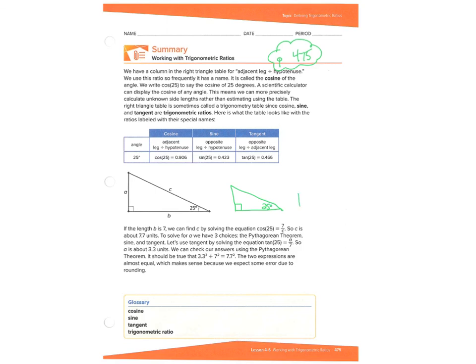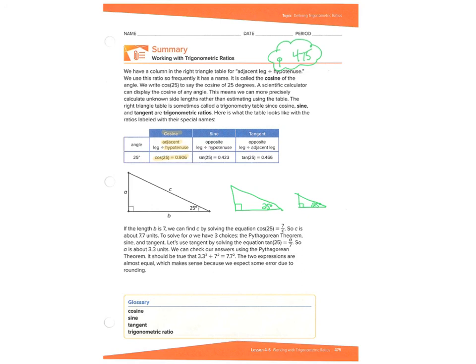And then I had an even tinier right triangle, really tiny, but this was still a 25-degree angle. The sine, cosine, and tangent of 25 degrees is always the same number. If you look in the box above, you'll see that the cosine, which is adjacent divided by hypotenuse, the cosine of 25 is 0.96.